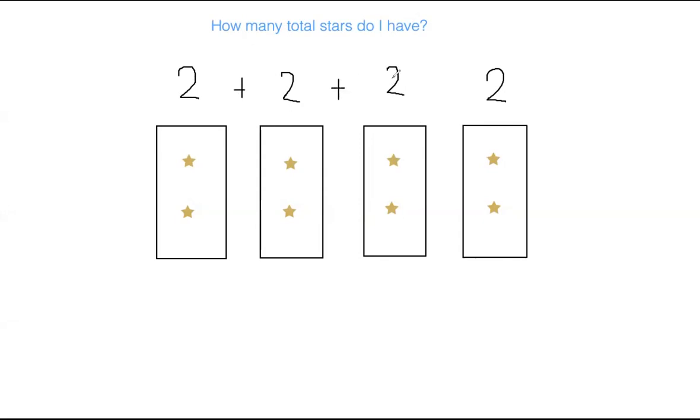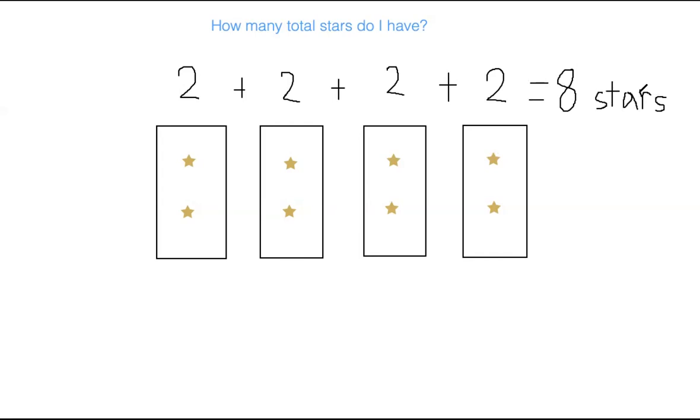So we got 2 plus 2 plus 2 plus 2. And we add all that together, we can count it. 1, 2, 3, 4, 5, 6, 7, 8. We see that we have 8 stars total. So this is a perfectly fine math equation to solve this problem.